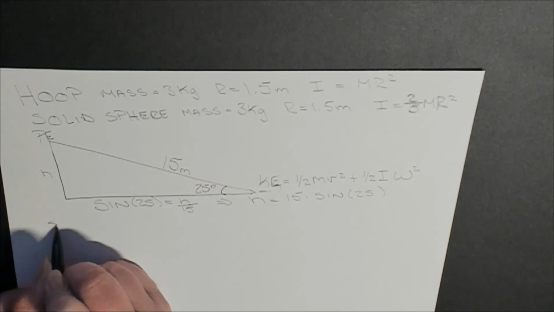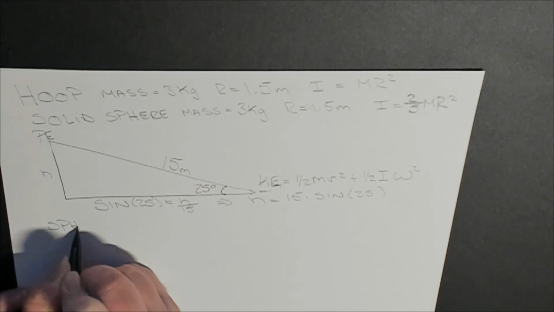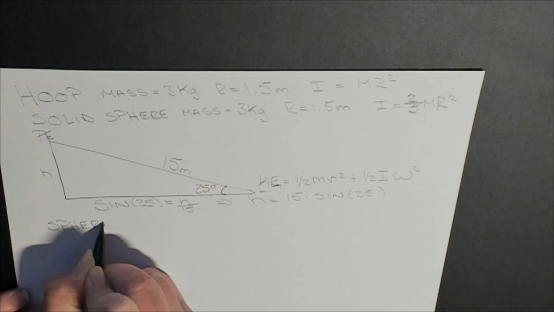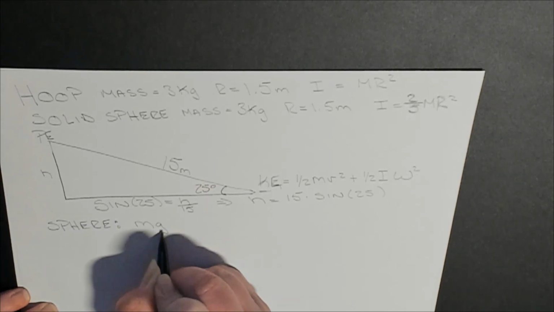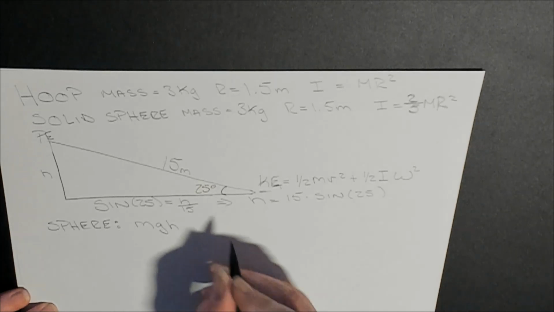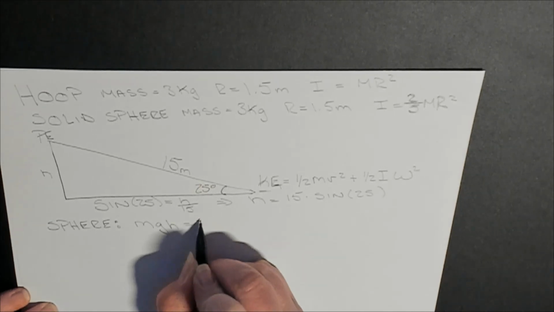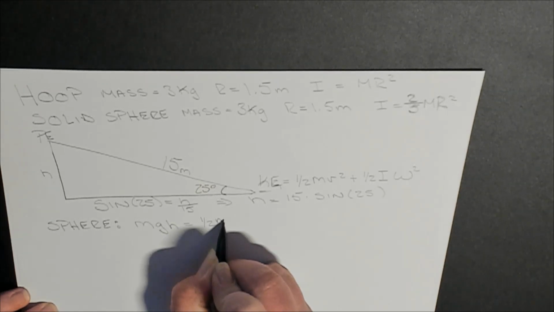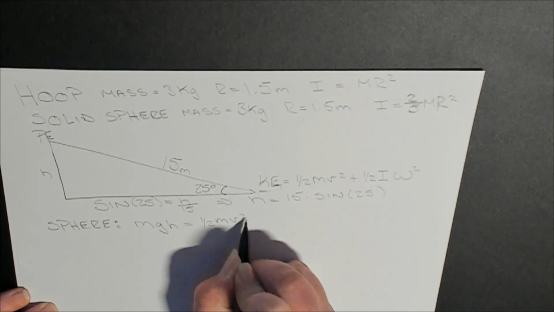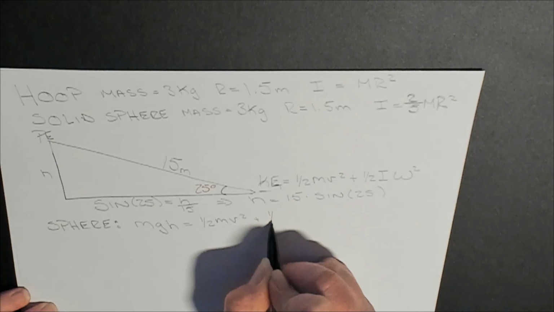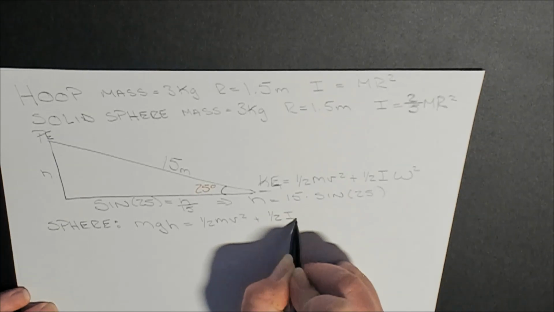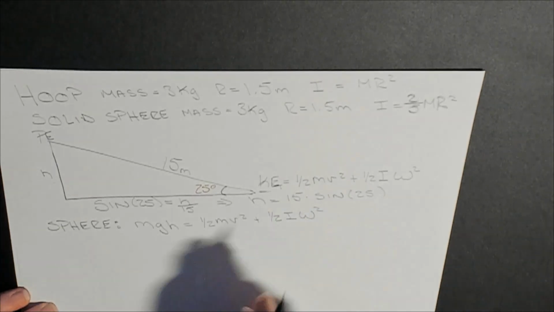So for my sphere, I'm going to have my potential energy, so mgh, going into 1/2 mass of the sphere, v squared, plus 1/2 I omega squared.